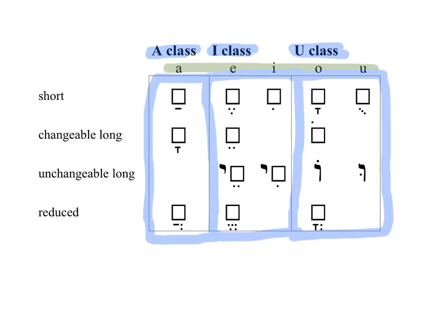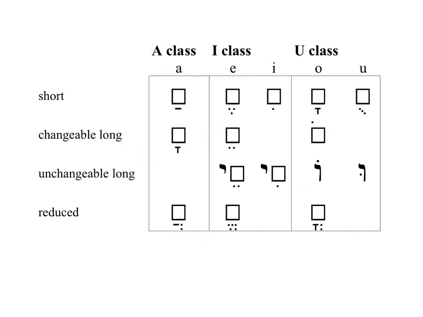For now, just recognize that there's 3 classes of vowels, and we'll have to worry about this a little bit later. Another thing to take note of is that there's changeable long vowels and unchangeably long. When the vowels are marked with a consonant, whether it's the vav for shurik or holam vav, or the yod for hirik yod or tsere yod, these vowels won't change even when there's changes in words.